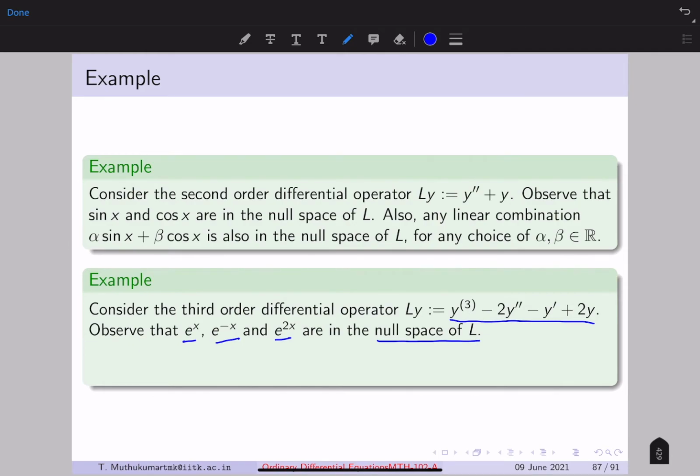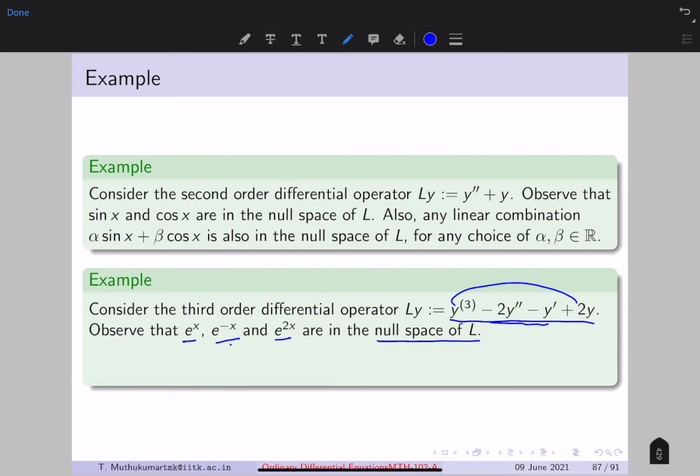And here you will have minus 2 e power x, here it's minus e power x, and it's 2 e power x. So this is already minus 3 e power x from here, and these two will give you plus 3 e power x. Okay, similarly you can verify for the other functions.